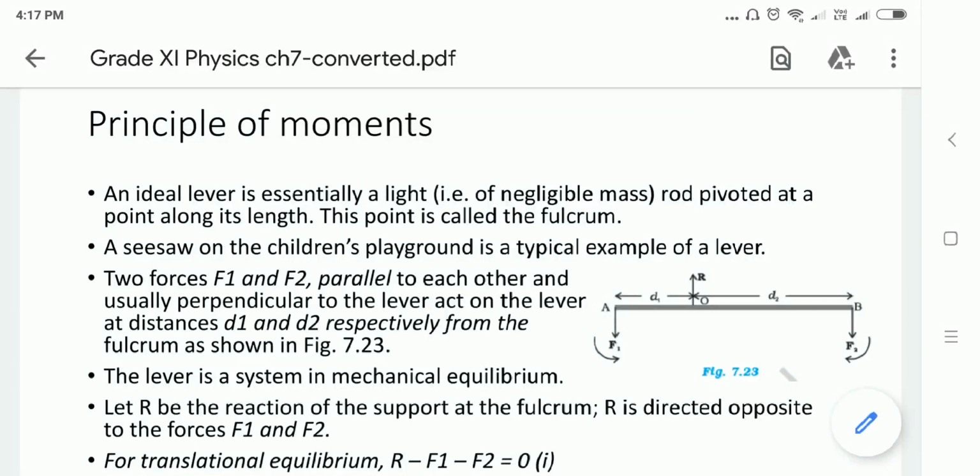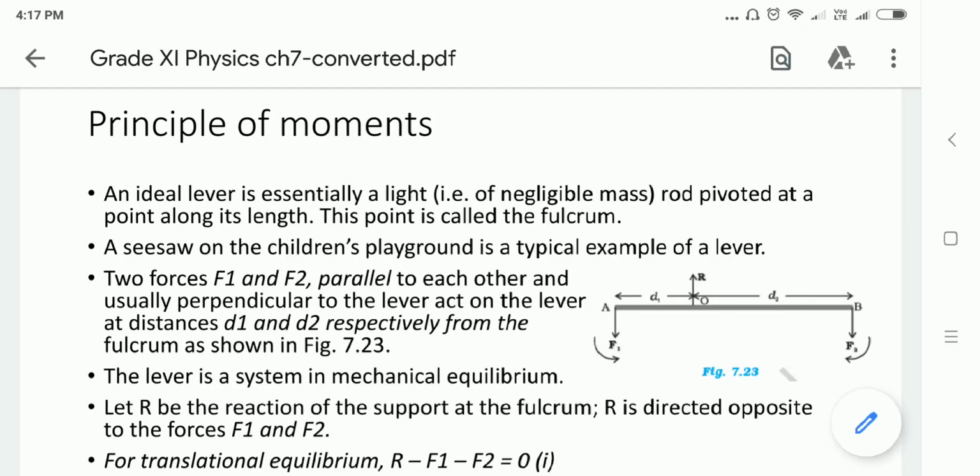That is, the sum of moments must be 0, that is, d1 F1 minus d2 F2 equals 0. Anti-clockwise moments we take as positive, and clockwise moments as negative. R acts at the fulcrum, so it has 0 moment about the fulcrum.